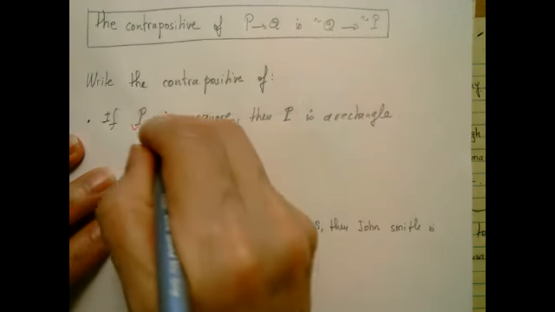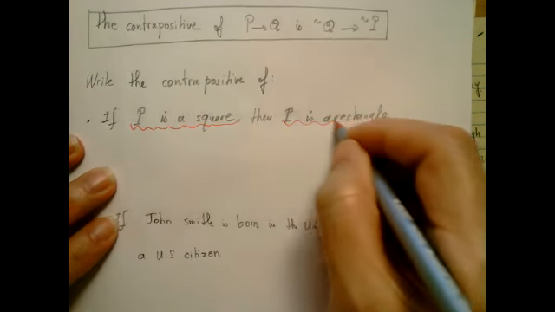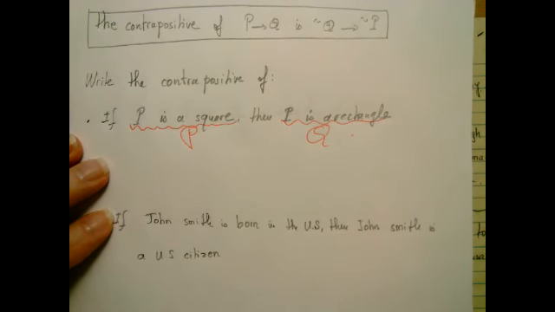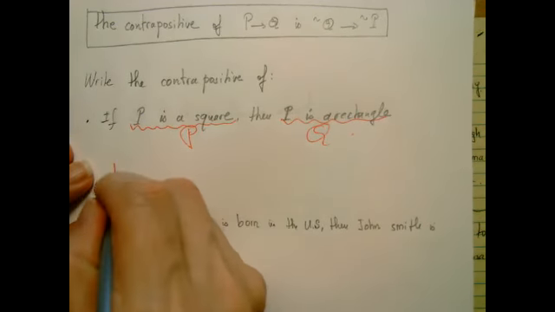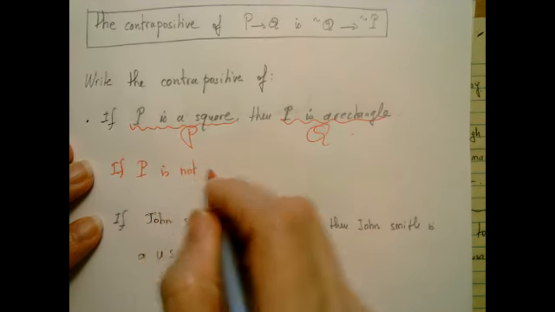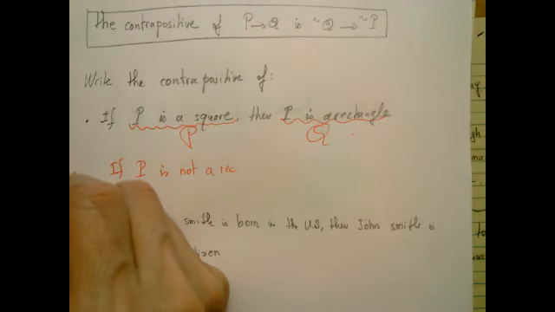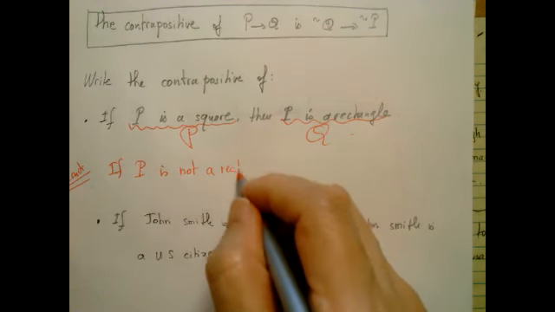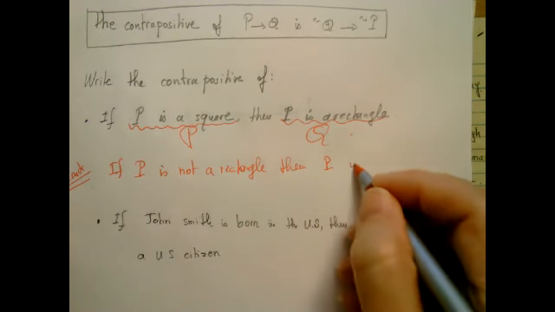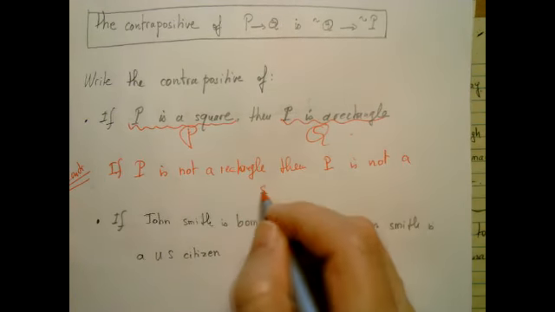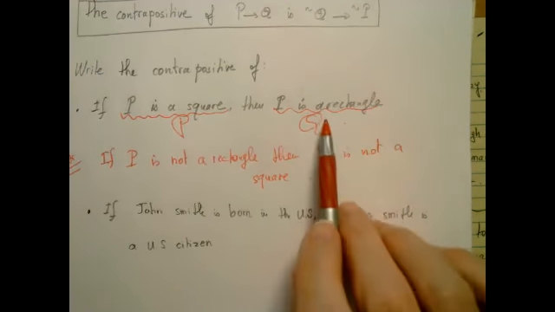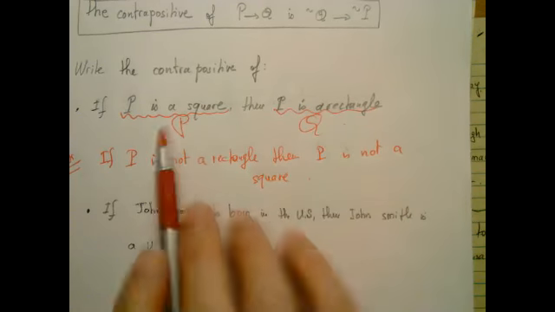So this is my P, the proposition, and this is my Q. So if P is not a rectangle, then P is not a square. So that's the contrapositive. All right, so non-Q, if non-Q, then non-P.